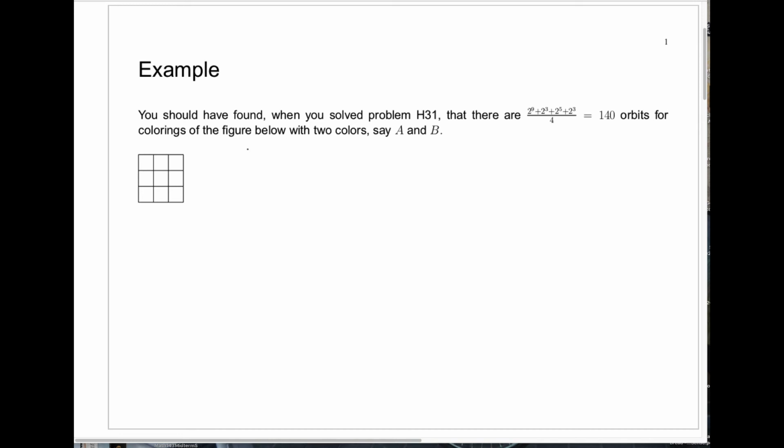In other words, our symmetry group, our rotation group, is just the rotations R0, R1, R2, and R3.